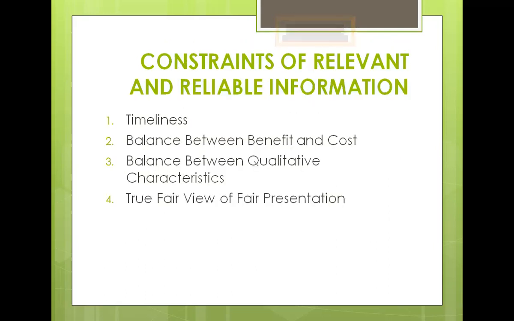Okay. Now, what are the constraints of relevant and reliable information? First one, we have timeliness. If there is an undue delay in the reporting of information, it may lose its relevance.